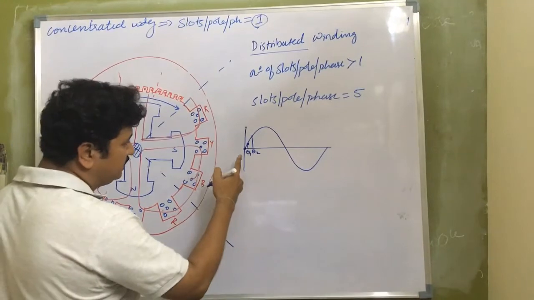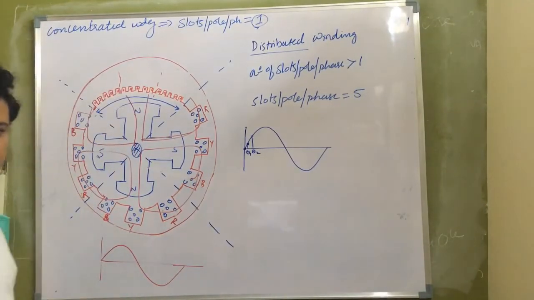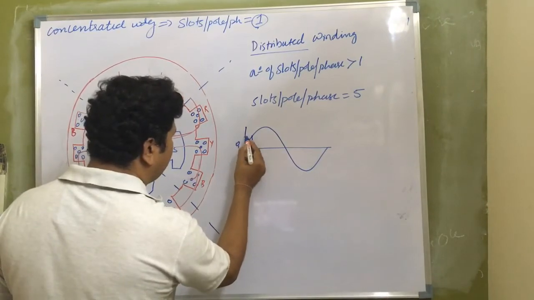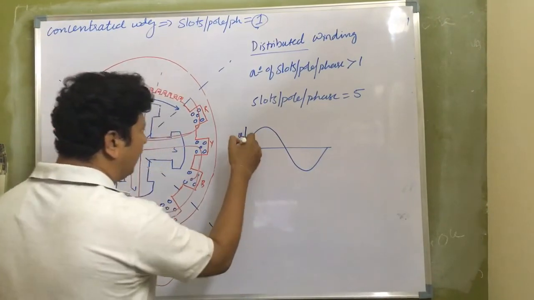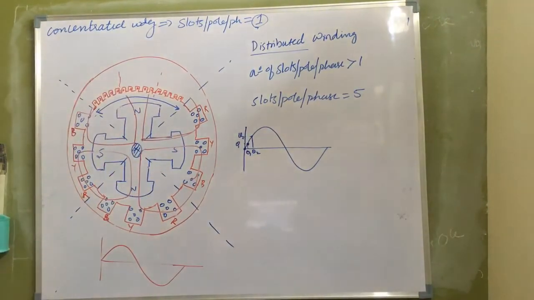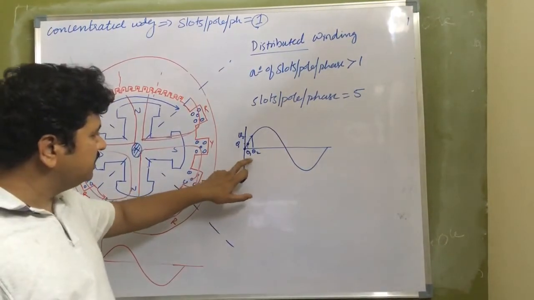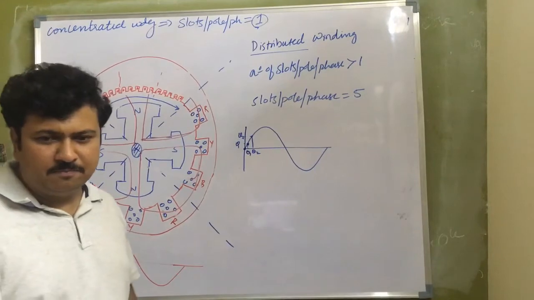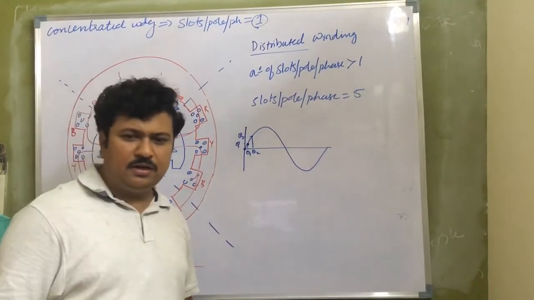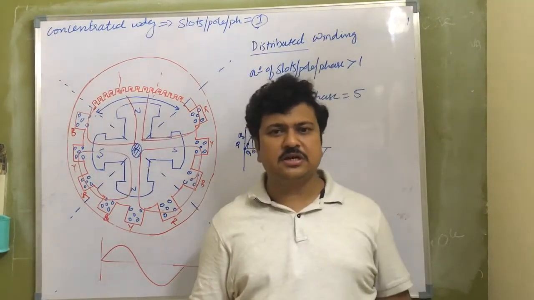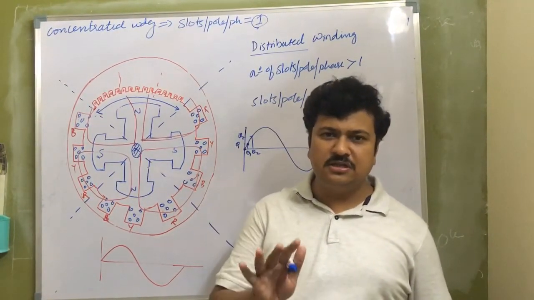There is a phase difference between theta 1 and theta 2. So if I have to add the voltages V1 and V2, I should add them vectorially, not algebraically, because the phase angle of theta 1 is different from that of theta 2.